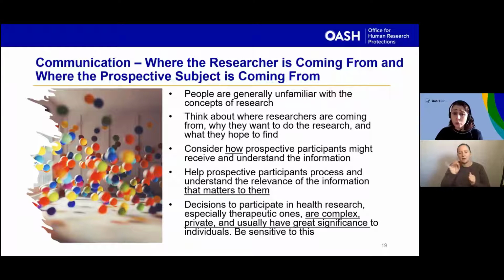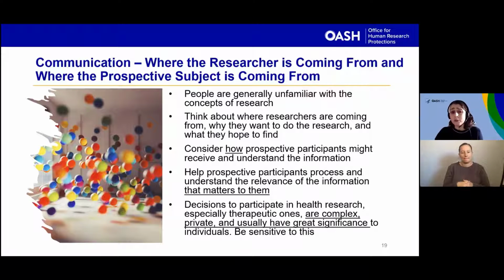So when you, as the researcher, describe your study to a prospective participant, you may talk about it from the high-level scientific aims and goals perspective, but this will likely get lost in translation if the prospective participant has a poor understanding of scientific methods and practices, or even what it means to do quote unquote research. So this means putting yourself in the shoes of your prospective participant and thinking about how they might hear and understand the information that you are sharing with them.